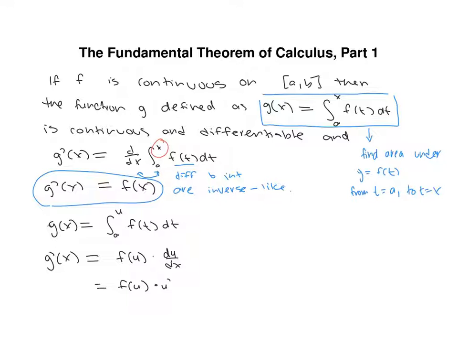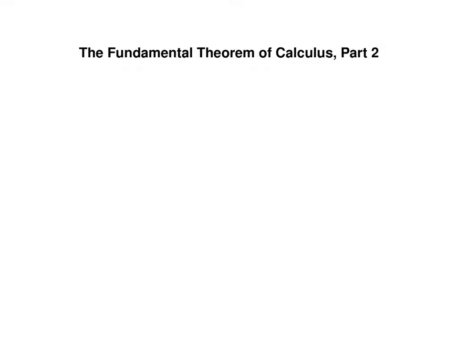Okay, that part was used to prove the second part, which we use a lot more. This says that if your function f is continuous on the interval from a to b, then how do you find the area under the curve little f of t, or little f of x, excuse me?